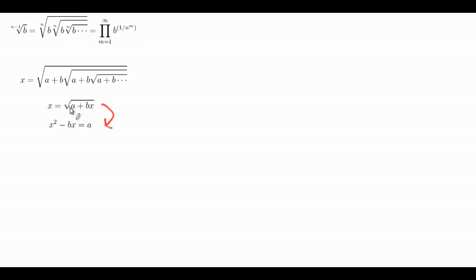What this is going to allow us to do is set the equation up to complete the square, which is done in this step. So to do that, we simply add our negative b over 2 squared term to each side, which will allow us to rewrite this expression into a form where we can get only one x in the equation.